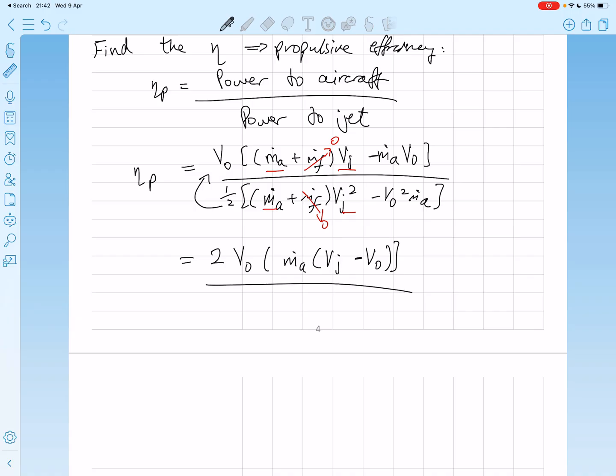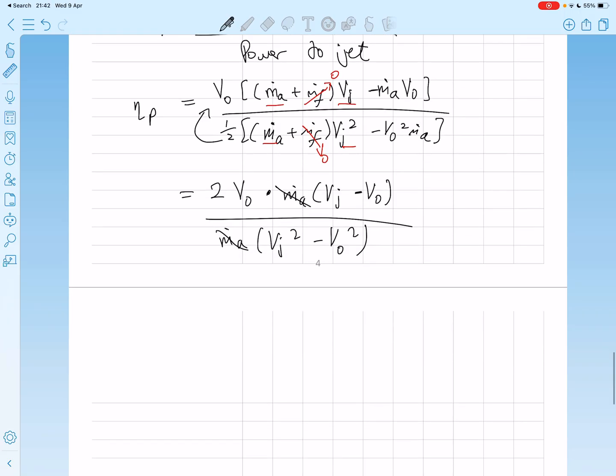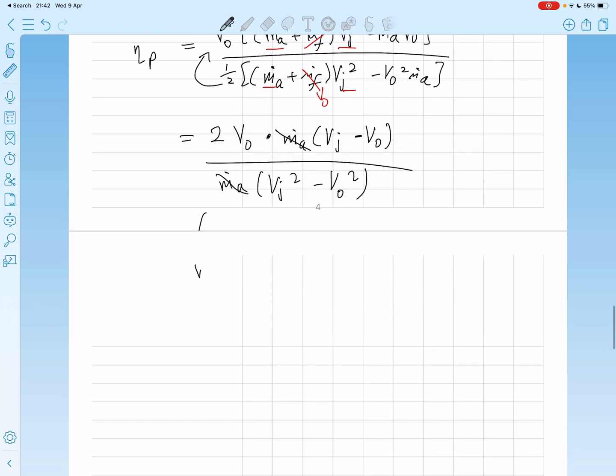divide that by VJ squared MA, factor out MA at the bottom. We don't need this bracket up here actually. Okay, so it's times, take out the MA, we have VJ squared minus VO squared. These two can cancel. Move on to the next page.